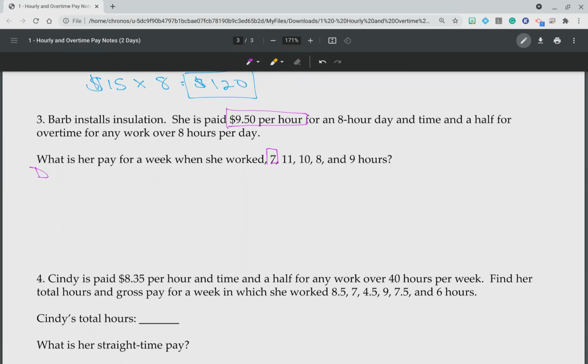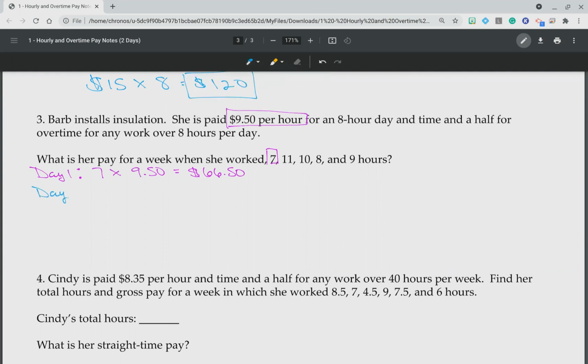So day 1, she worked 7 hours and she made $9.50 per hour. So on day 1, she made $66.50. All right, no overtime there.